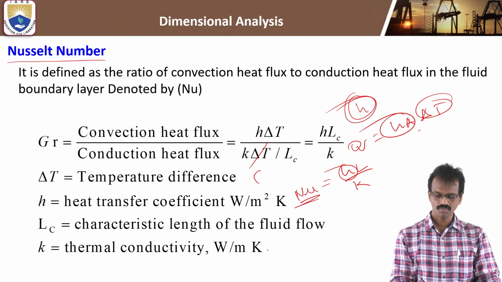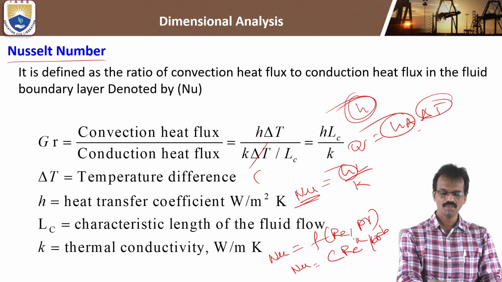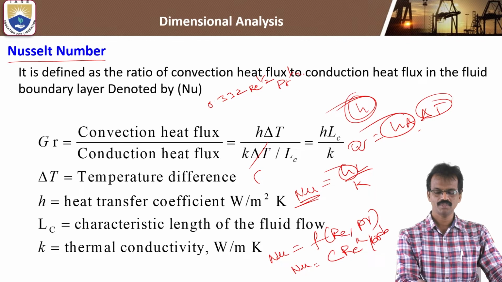But Nusselt is a function of the Reynolds number and the Prandtl number. For laminar flow, Nu is equal to C into Re to the power of a, Pr to the power of b. For laminar flow, the formula is 0.332 into Re to the power of 1 by 2, Pr to the power of 1 by 3.